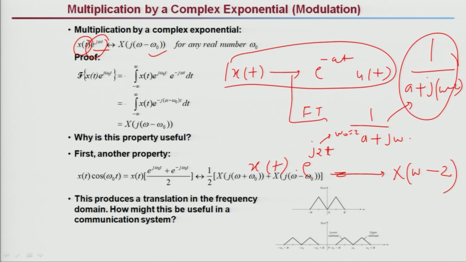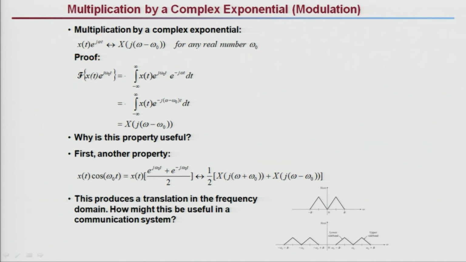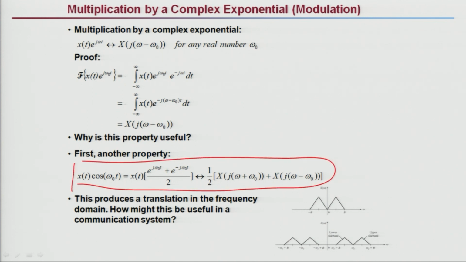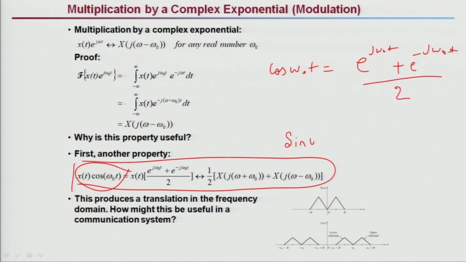Using this property only, we can easily find the Fourier transform of x t into cos omega naught t. How? I have told you from the formula that cos omega naught t is written as e to the power j omega naught t plus e to the power minus j omega naught t, divided by 2, and similarly sin omega naught t is written as e to the power j omega naught t minus e to the power minus j omega naught t, upon 2j.